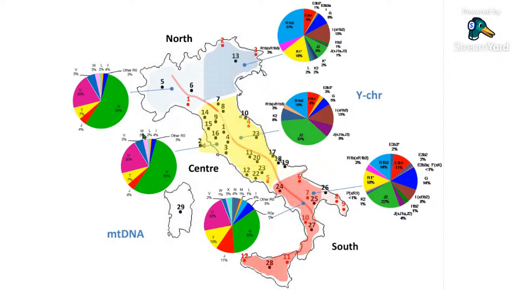W would be possibly the other line. Of course, L is the Hamitic mitochondrial DNA. But you can see the large percentage of Middle Eastern Semitic mitochondrial DNA.